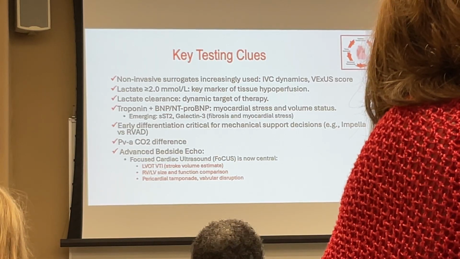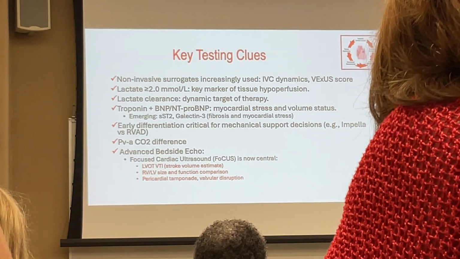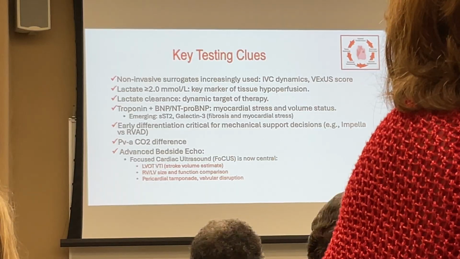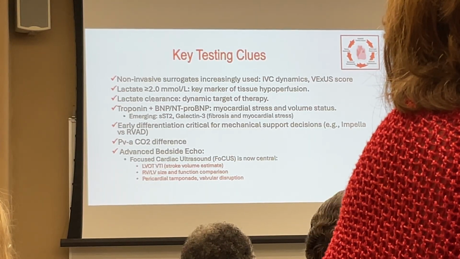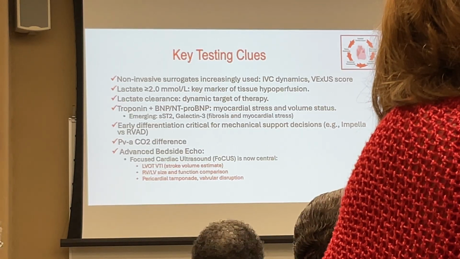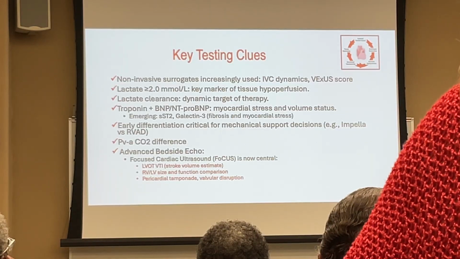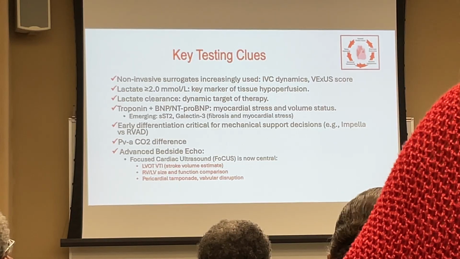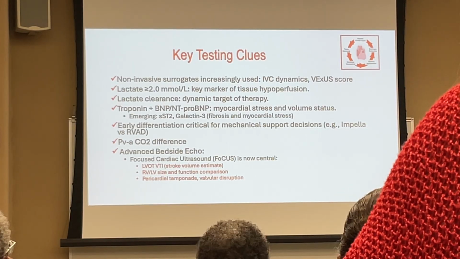The other issue is looking at troponins plus BNP plus pro-BNP, which is an earlier indicator of myocardial dysfunction. Now, there are some other emerging labs that are not available right now that are being studied, and that would be galectin-3 and ST2. We don't do any of that, but it does tell us about fibrosis and myocardial stress. And all of this actually helps us to determine whether I can do pharmacologic circulatory support.